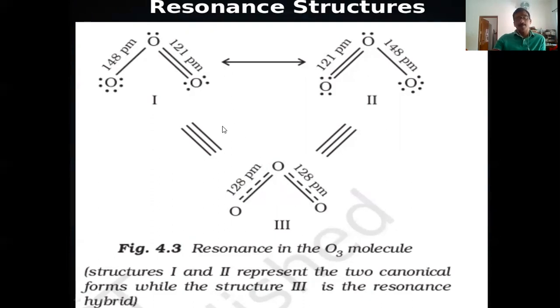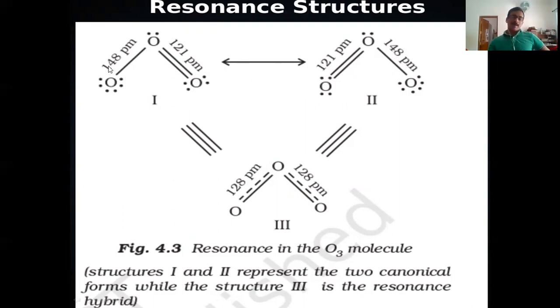How will you explain the property? Here, it is not possible to explain the property with a single structure. So we are using another structure. Here, this double bond is shifted to this position. You can see, now this bond length is 121 picometer and this bond length is 148 picometer.